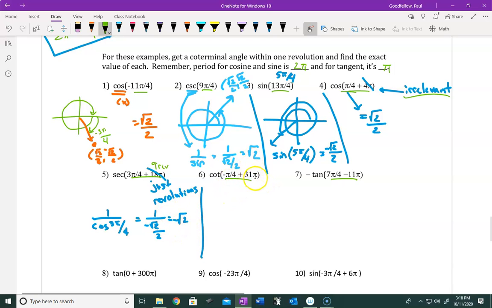Now, cotangent, this one is a little funky here. Cotangent has 31 pi. This is irrelevant too. Even though it's an odd amount, the cotangent has a period of pi, so it doesn't matter if it's a half of a rotation further. This is just cotangent of negative pi over 4, or really the same thing as cotangent of 7 pi over 4, because it's in the fourth quadrant.